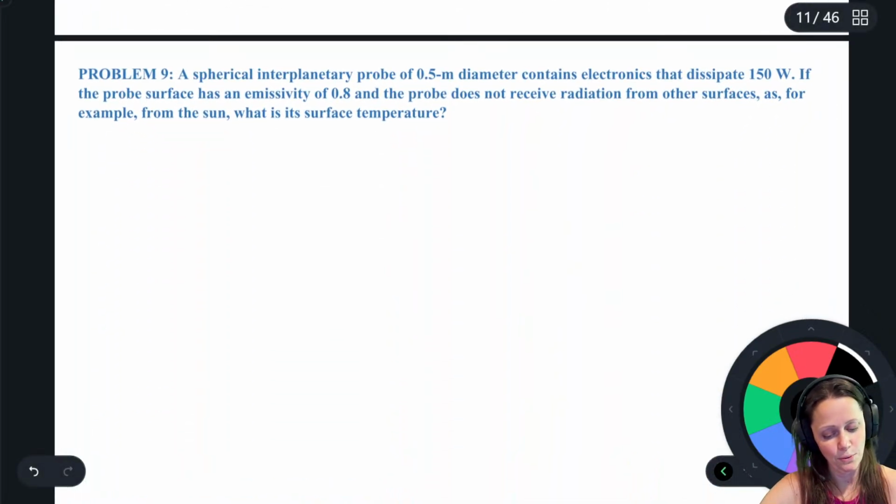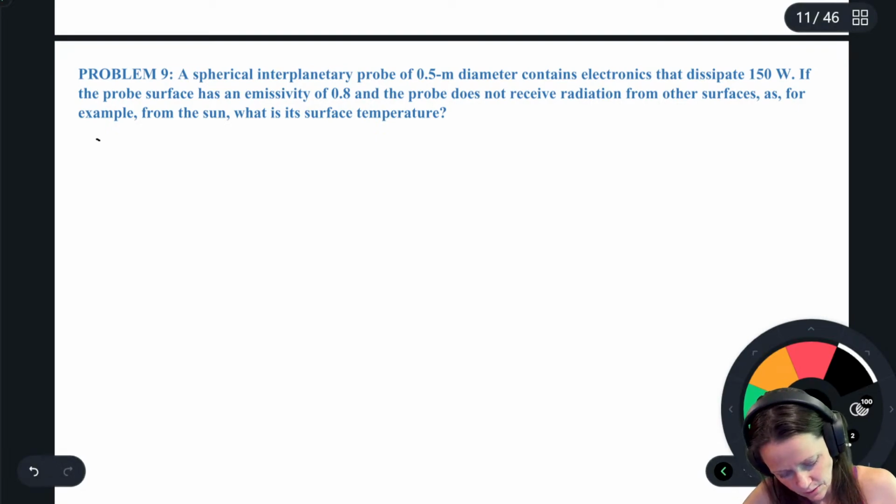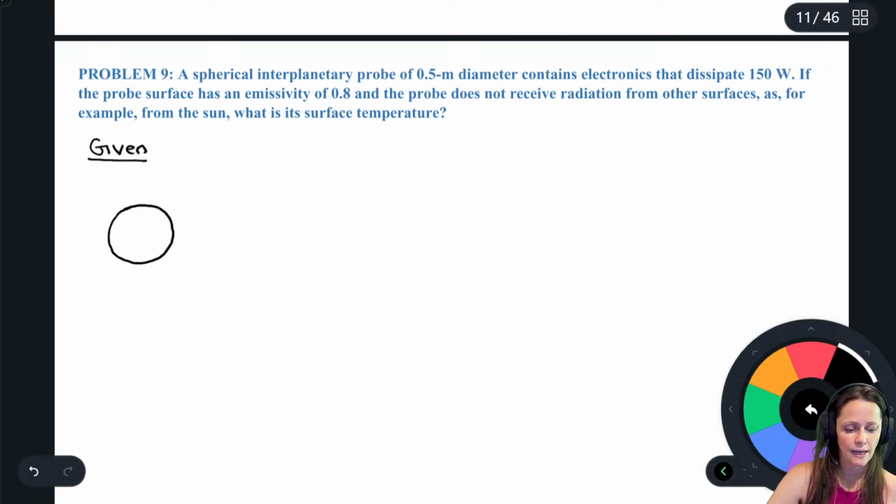All right, so problem 9, we have a spherical interplanetary probe, which I'm going to draw as a lovely circle. All right, so there we go. Super pretty.